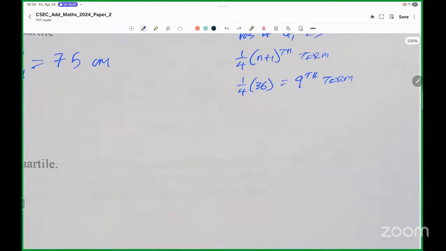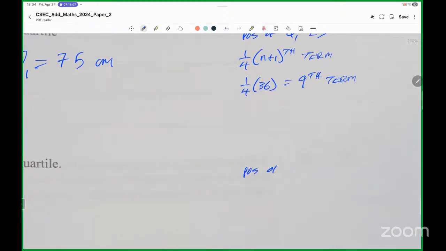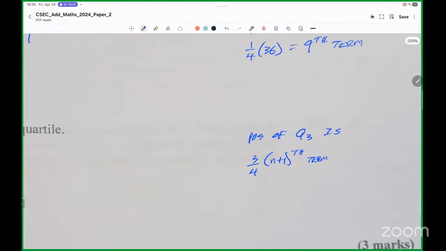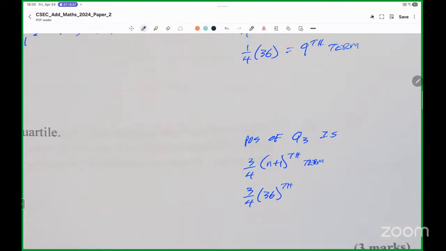In this case, the position of Q3 is 3/4 of the n plus 1 term. We need to remember this formula for the position of the quartiles, so you can count and find them. But we know it's the middle of the top half anyway, same difference. So it becomes 3/4 of 36, which is 27.